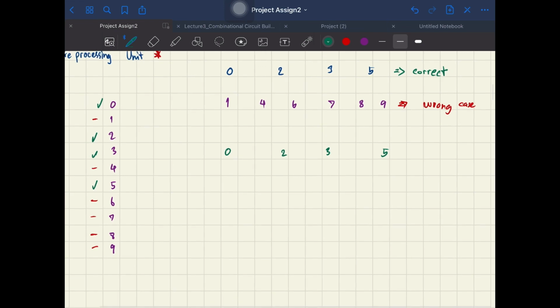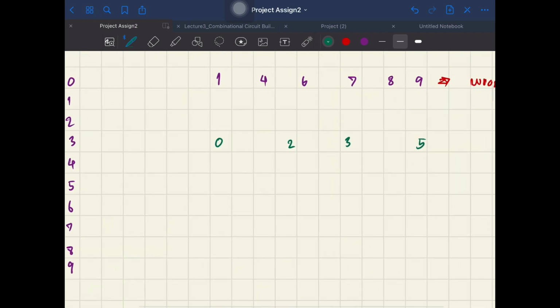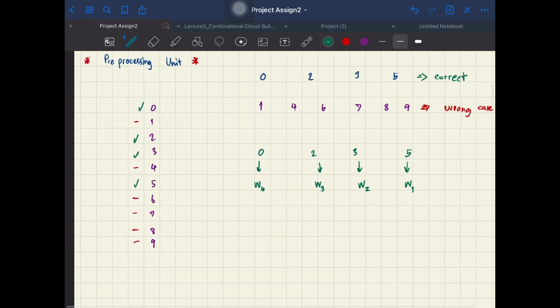So I will give a name to each input. It means that I have 4 inputs, right? 4 password digits. I will give it a W at each input. If you press 0, I will give it W4. 2, I will give it W3. 3, I give W2. And 5, I will give it W1 respectively.